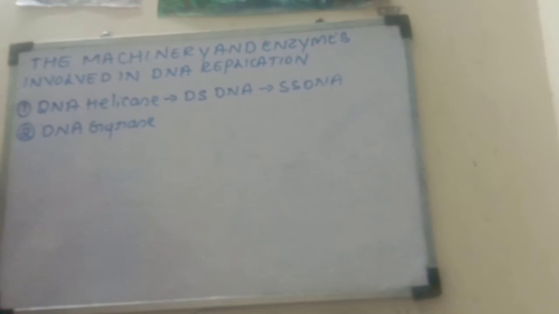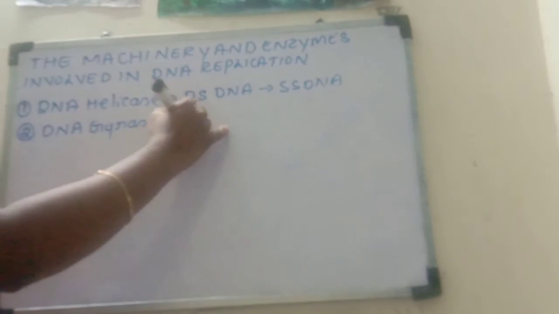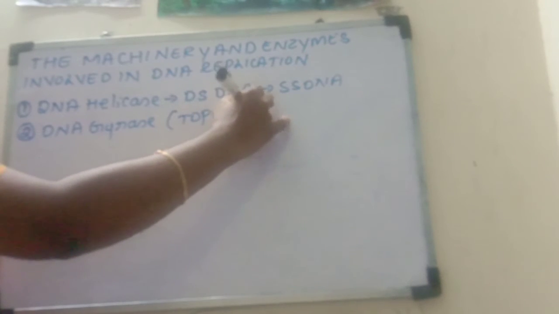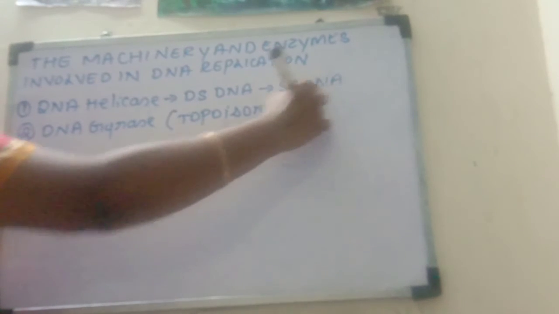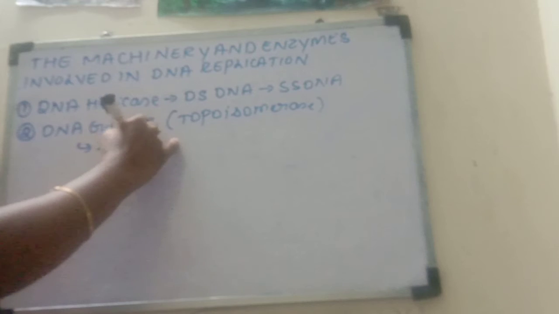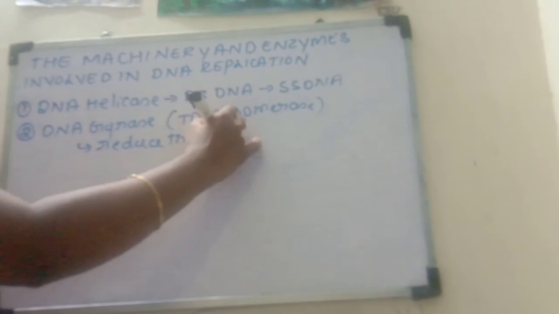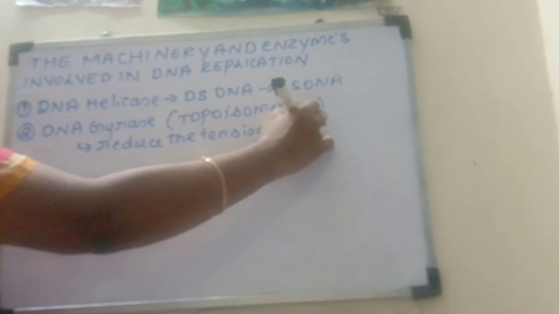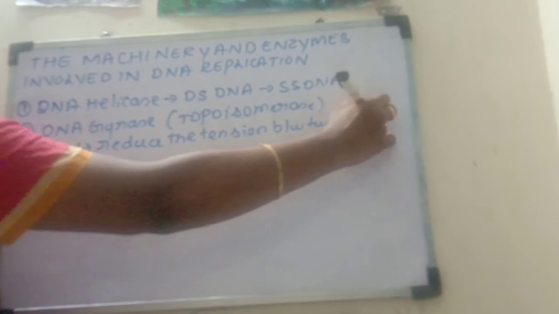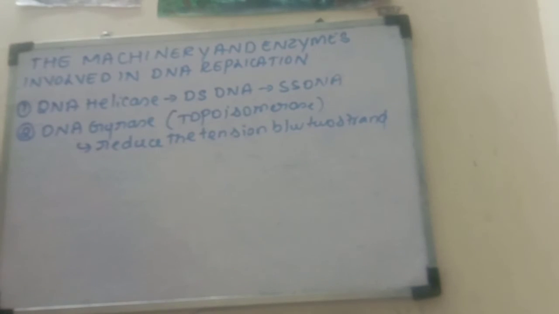Now the helicase enzyme has already separated the two strands, but there is still tension between them. To reduce this tension, DNA gyrase, a topoisomerase enzyme, helps reduce the tension between the two strands. This is also a very important enzyme.